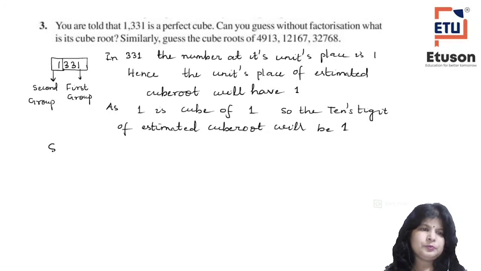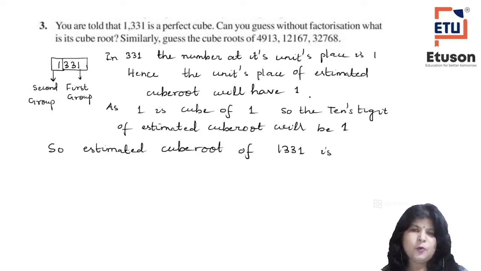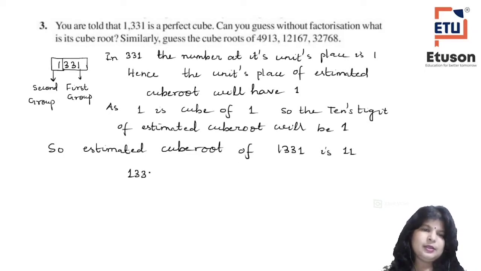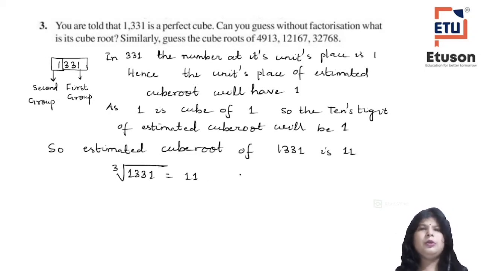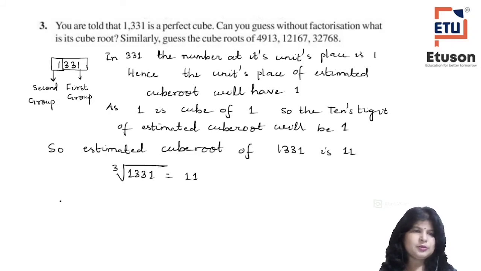So the estimated cube root of 1331 is what? You have 1 at its units place and 1 at its tens place, so it is 11. So the cube root of 1331 is equal to 11. You have found this without doing any prime factorization. Correct?